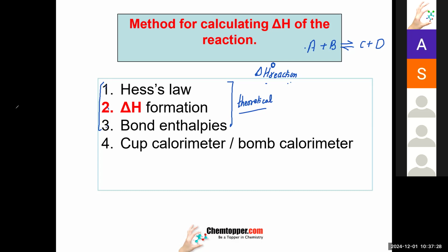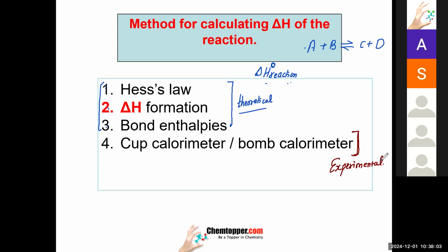But the most difficult is the fourth one. Not difficult, but you have to pay attention and practice plenty of questions based on it. This is experimental. You're going to perform an experiment, like in unit 5, where we did experiments to calculate the rate law. You performed 3 experiments, observing the change in the rates of the reaction with the change in concentration, and worked out the order from there.